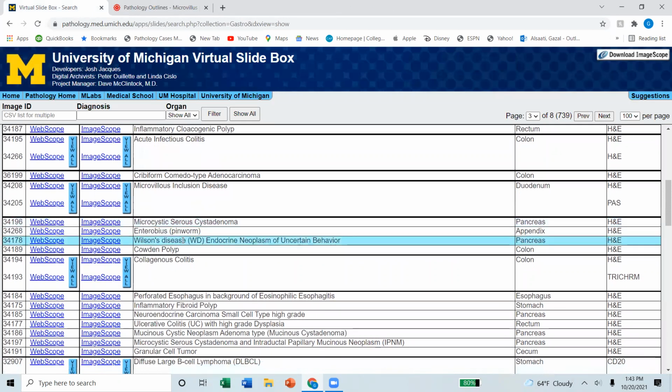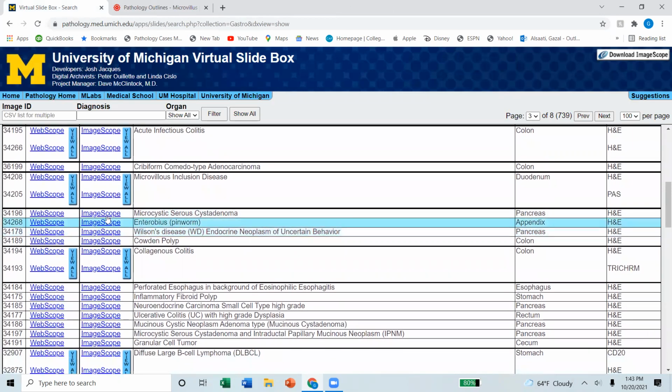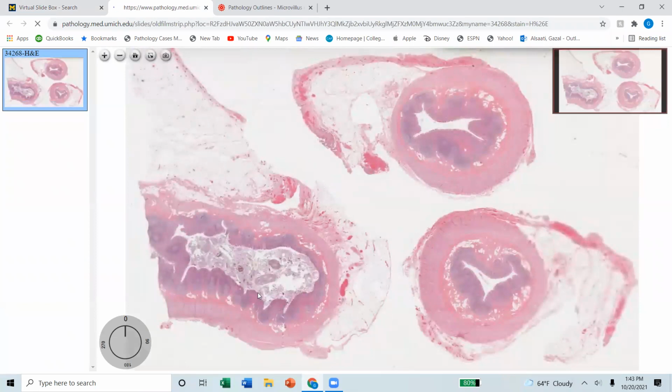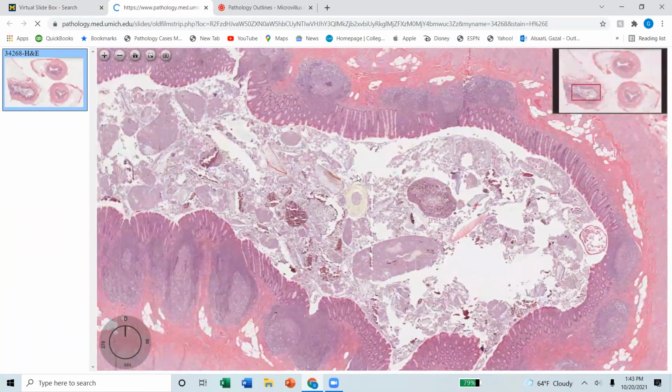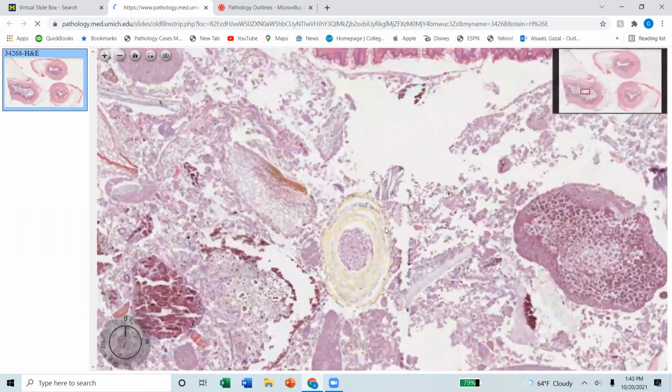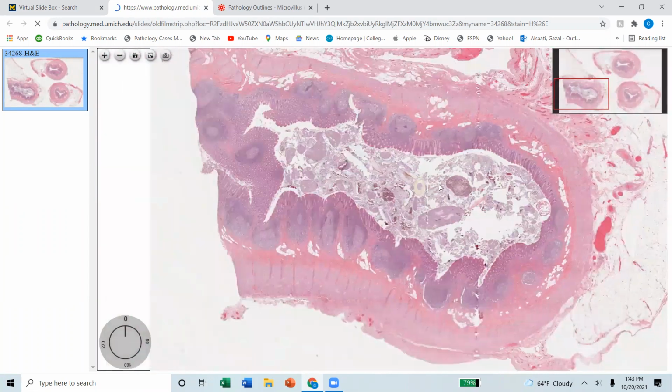Okay, appendix: Enterobius vermicularis, a pinworm of the appendix. Let's see what we have on H&E. There it is.